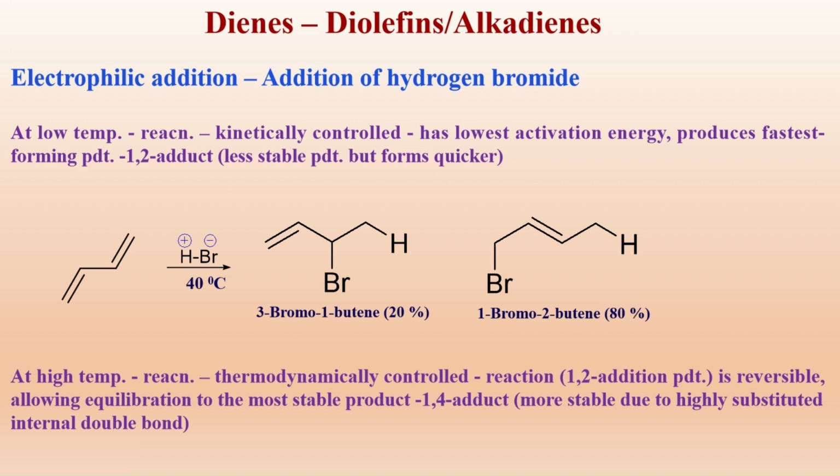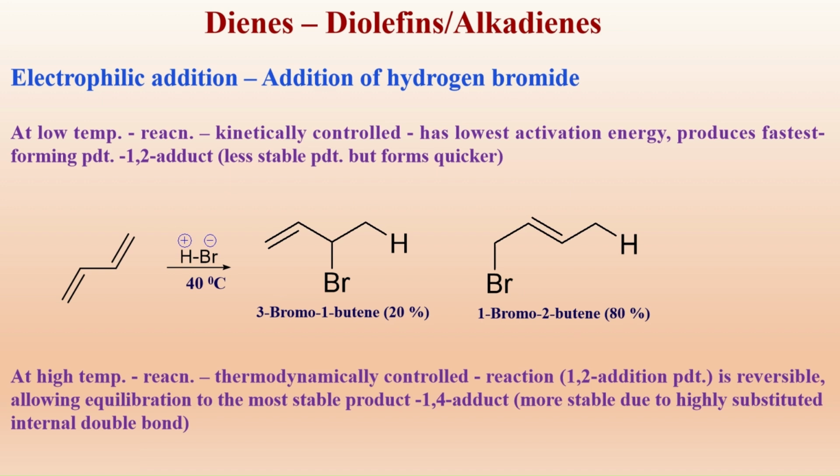The same reagent, the same starting material: at lower temperature, one product is formed in higher quantity, that is formed as the major product, but at higher temperature that becomes the minor product.